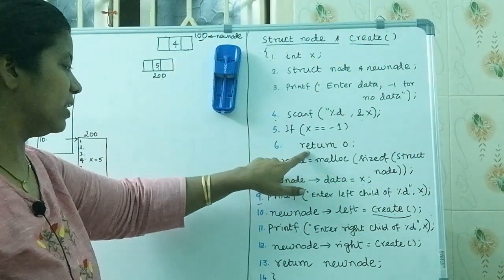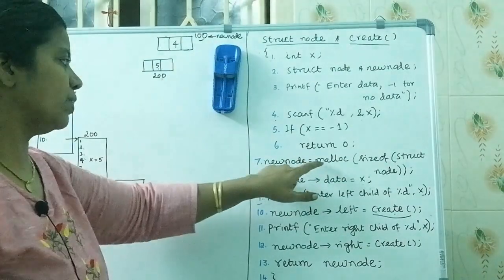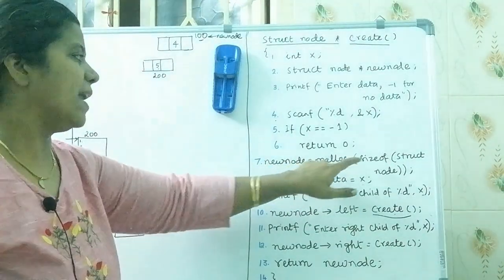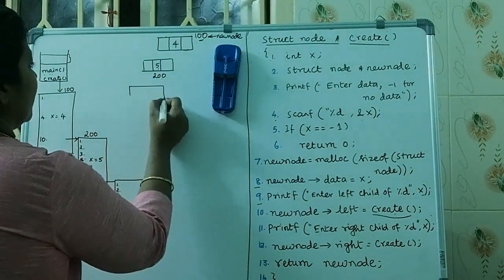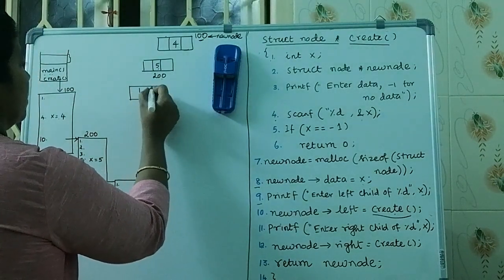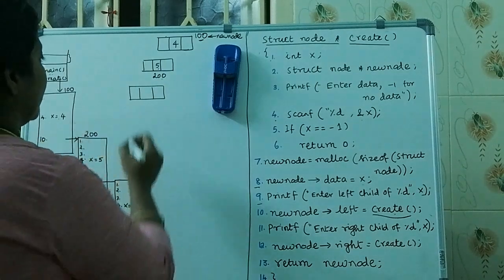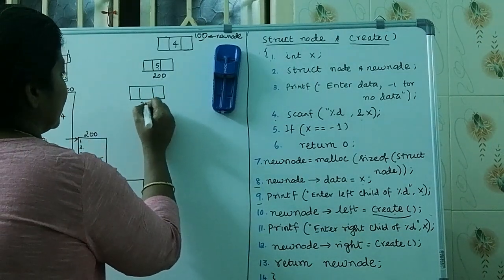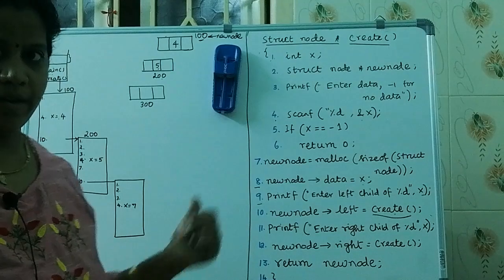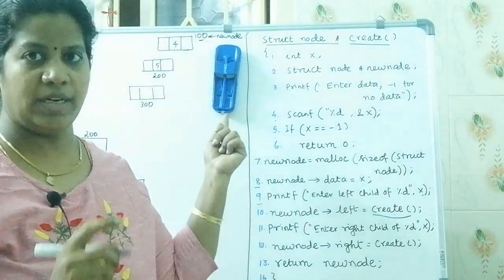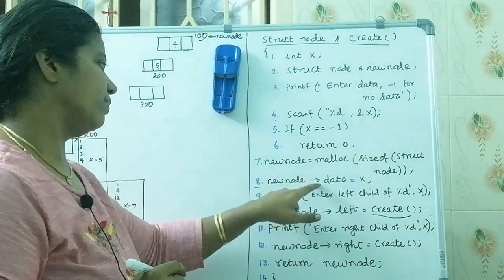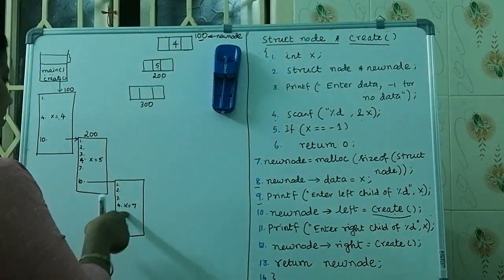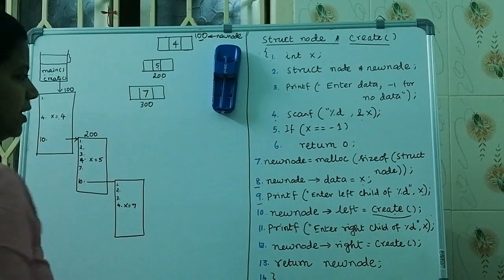No. So it will not execute this. It comes here, new node equal to malloc size of struct node. So this time it will create another node of the type pointer variable. Let's say it creates 300. New node is 300, which is nothing but the pointer variable. And then new node of data equal to x. What is x? 7. So that gets assigned over here.